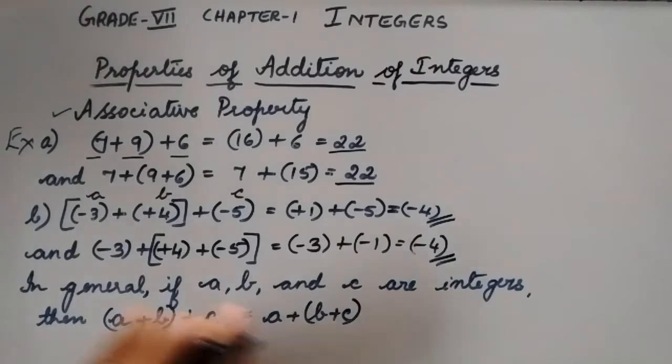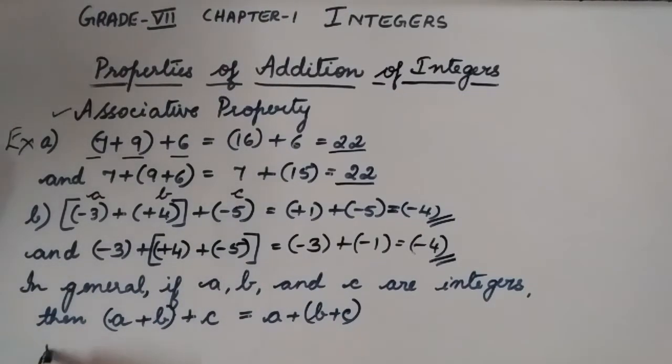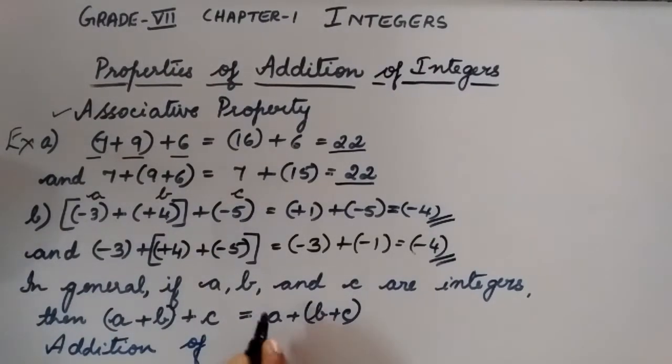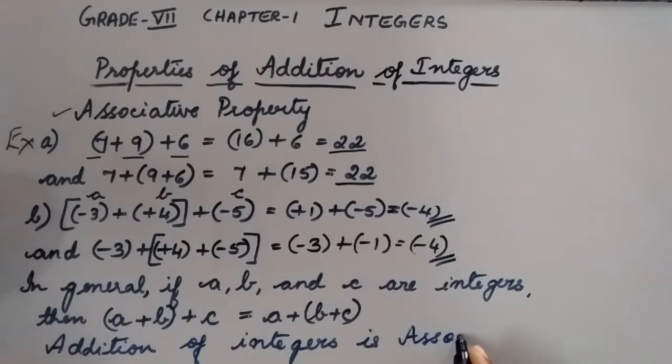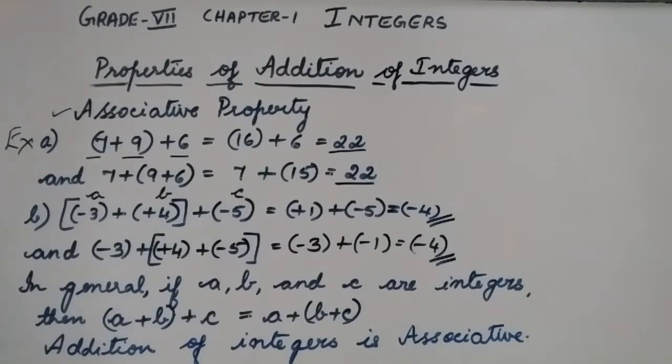So thus your addition of integers is associative. Addition of integers is associative. Is this clear, students?